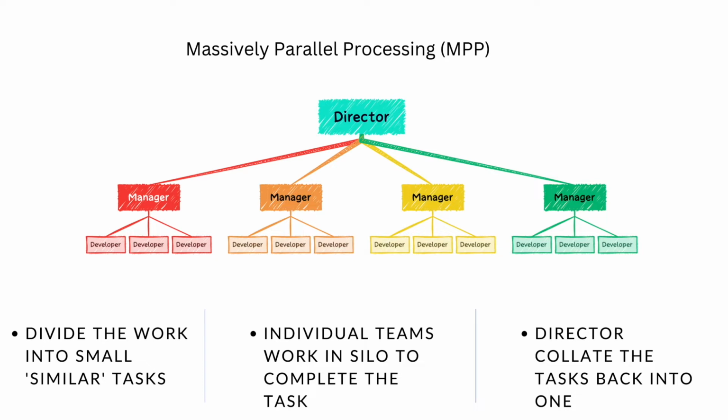Managers have their own team of developers who will work on those small projects. As and when those small projects are completed by the individual manager's team, they will report back to the director. The director will collate the information from all the managers and then consolidate it to give a final picture of the project.